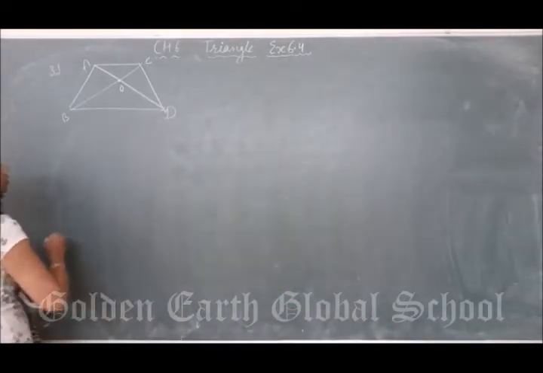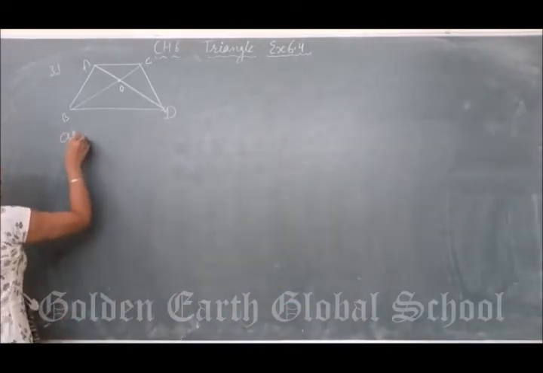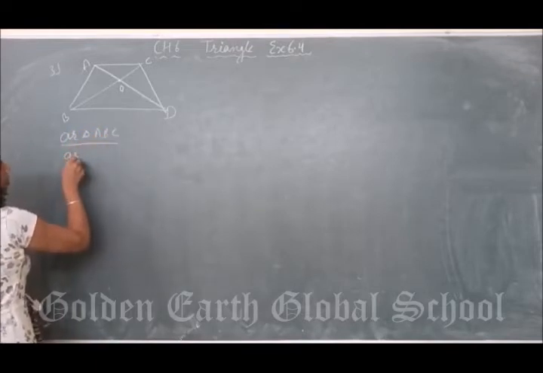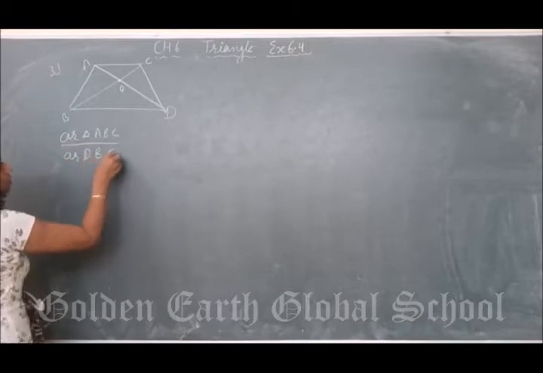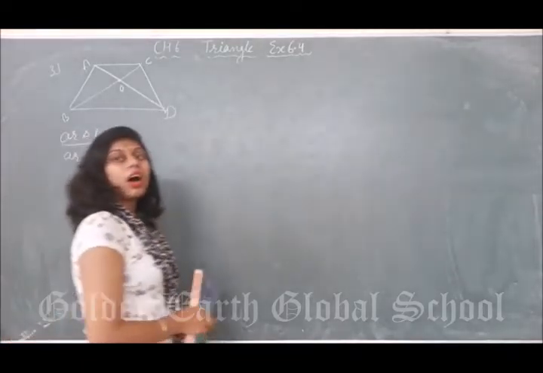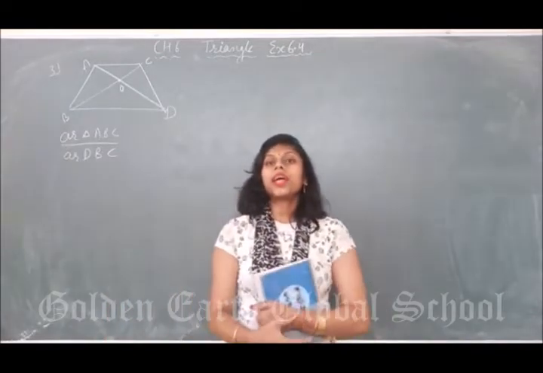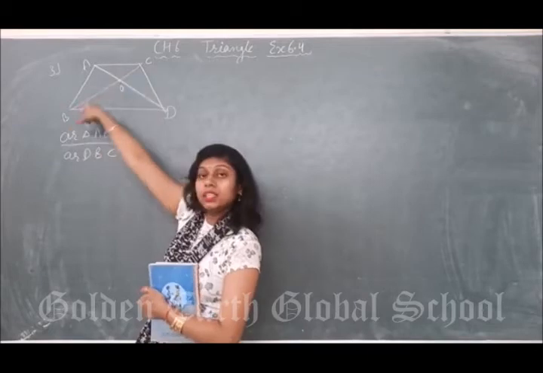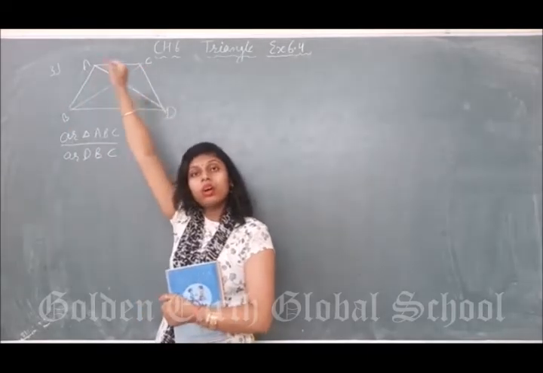So how will we solve it? Area of triangle ABC upon area of DBC. Area of a triangle is half into base into altitude. To find the area of ABC, we have the base BC, but we don't have the altitude.